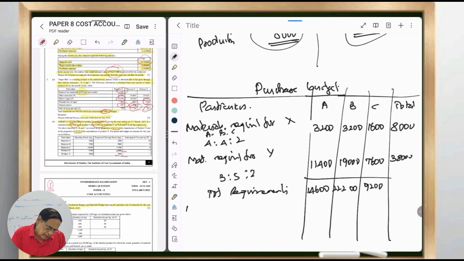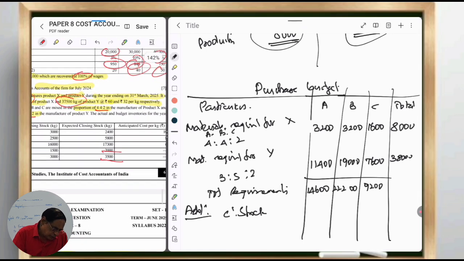Out of that, add closing stock. How much closing stock is given? For A, B, C, the closing stock is 2,400, 5,800 and 17,300.